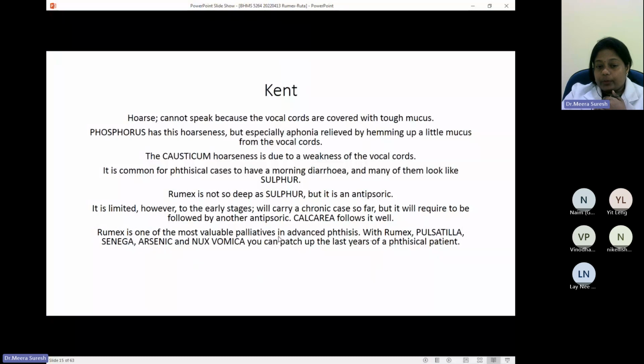Rumex is one of the most valuable palliatives in advanced phthisis, and with these medicines, Rumex, Pulsatilla, Senega, Arsenic, and Nux vomica, you can patch up the last years of a tuberculosis patient.